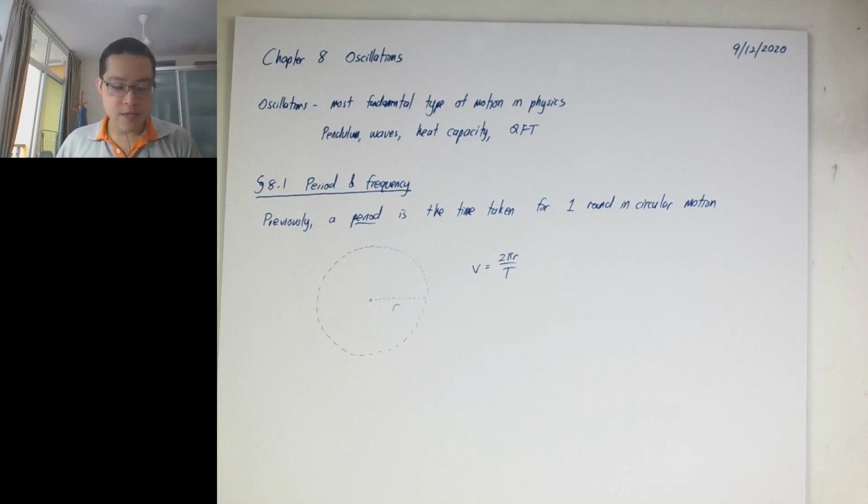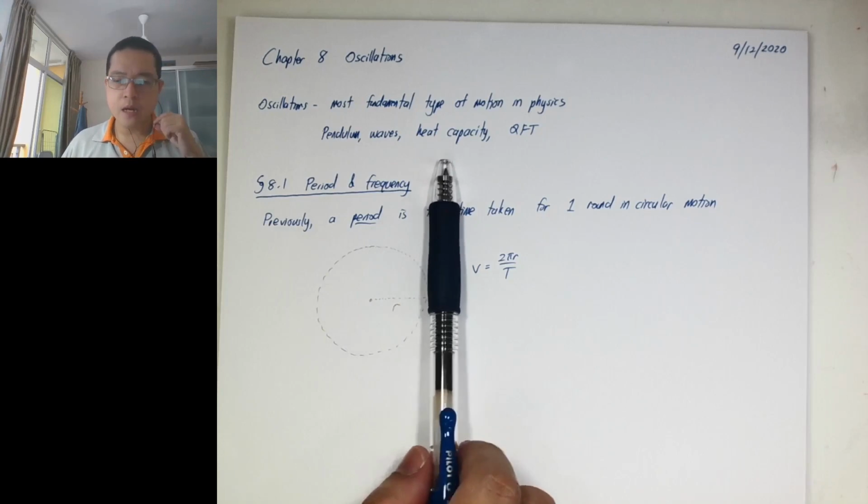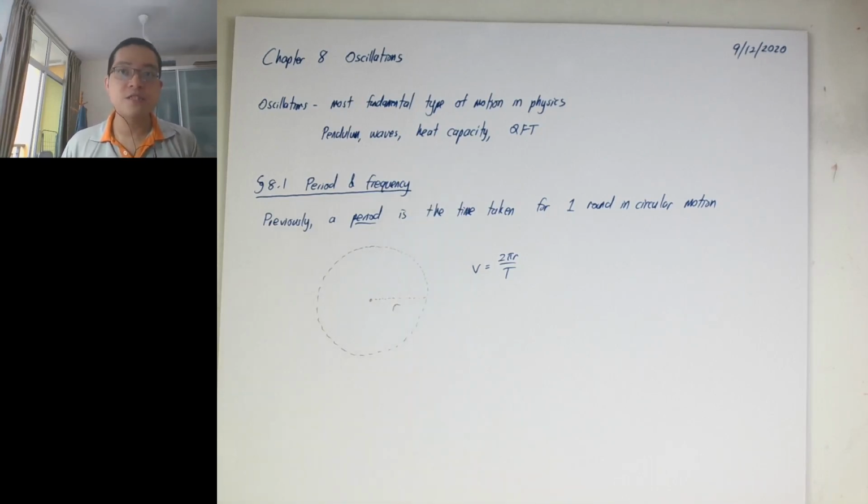If you go to quantum mechanics next semester and next year, you will spend at least 2-3 weeks studying the quantum harmonic oscillator. That is an important thing. And if you learn the thermodynamics chapter, I don't know if it's being covered, to derive the formula for heat capacity, you actually assume that the particle is oscillating.